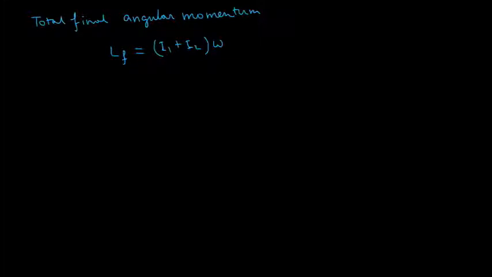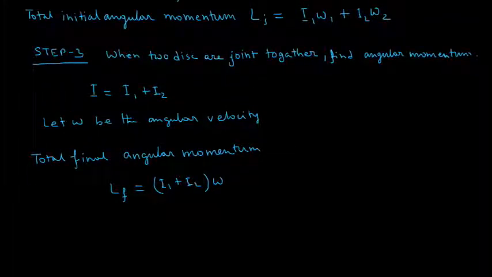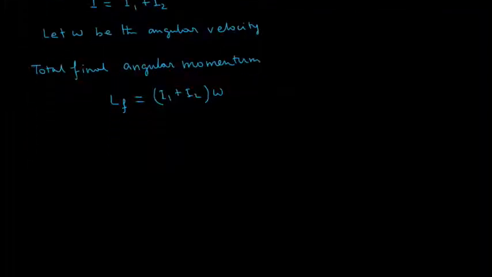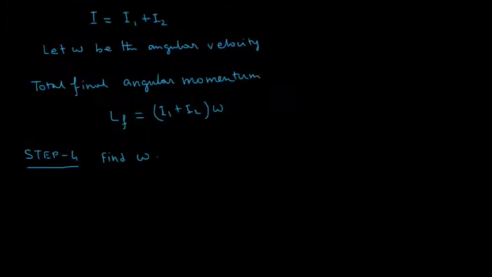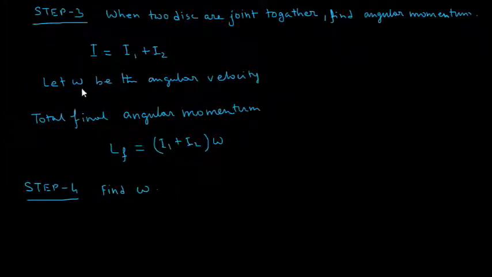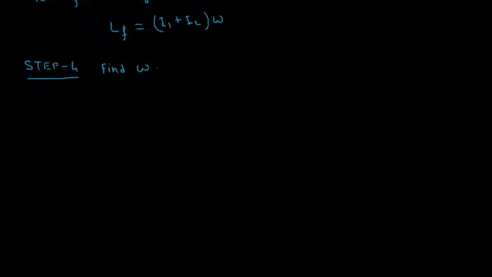Now, in step 4, we'll find omega, the angular velocity. Here we have considered the total angular velocity to be omega. So we have to find the value of omega. How can we do that?